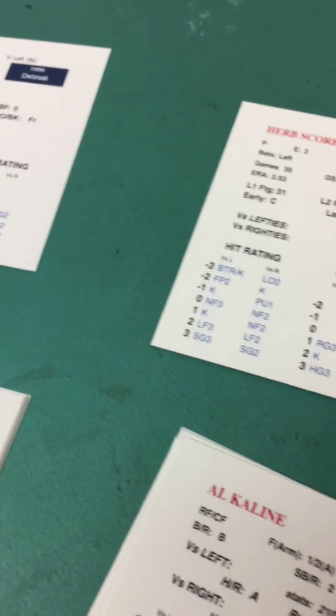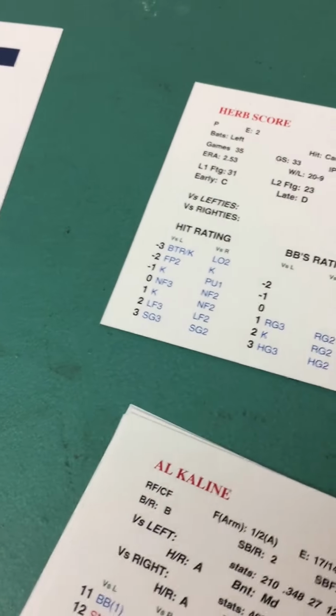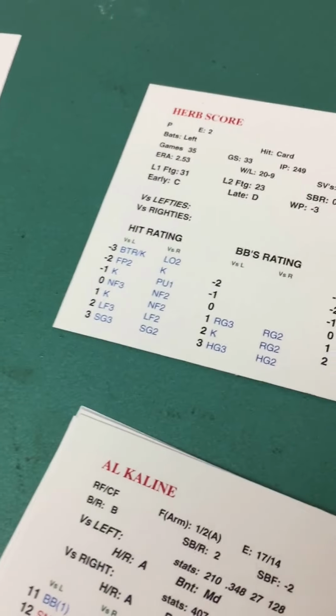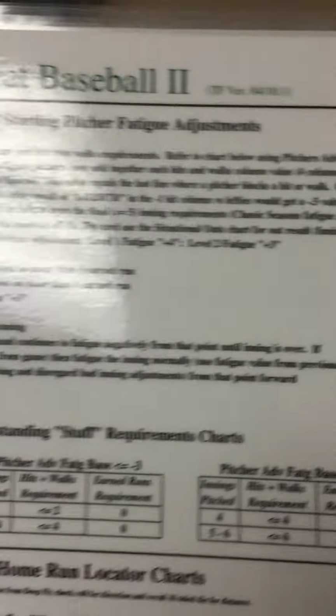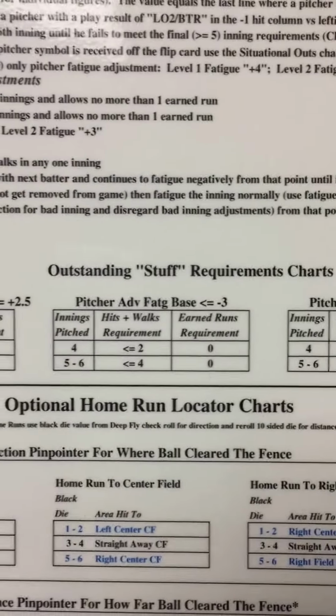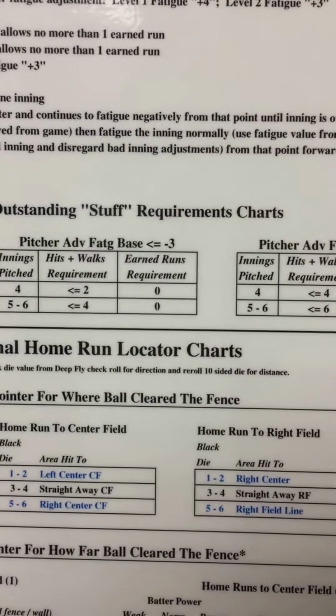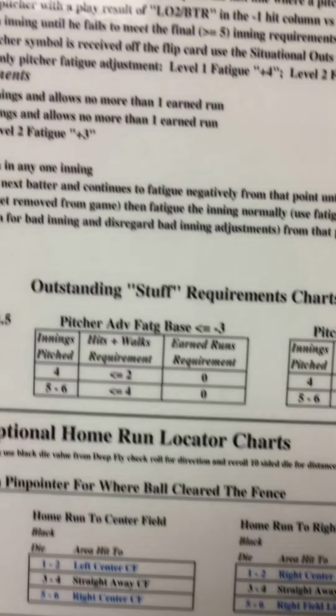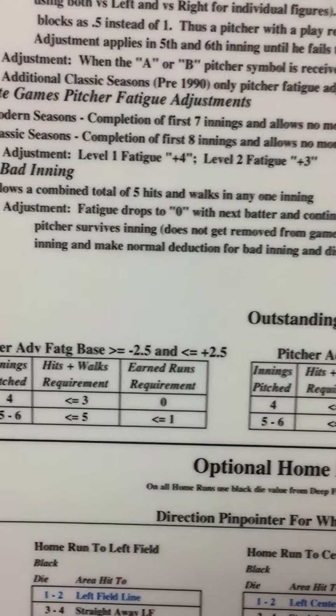Now I'm going to take a quick second here to show you something in terms of if he qualifies for good stuff or not. Okay, so looking at the chart here, outstanding stuff. If you remember, I did the A, the B designation. Heft was a B, which means he falls in this category right here.